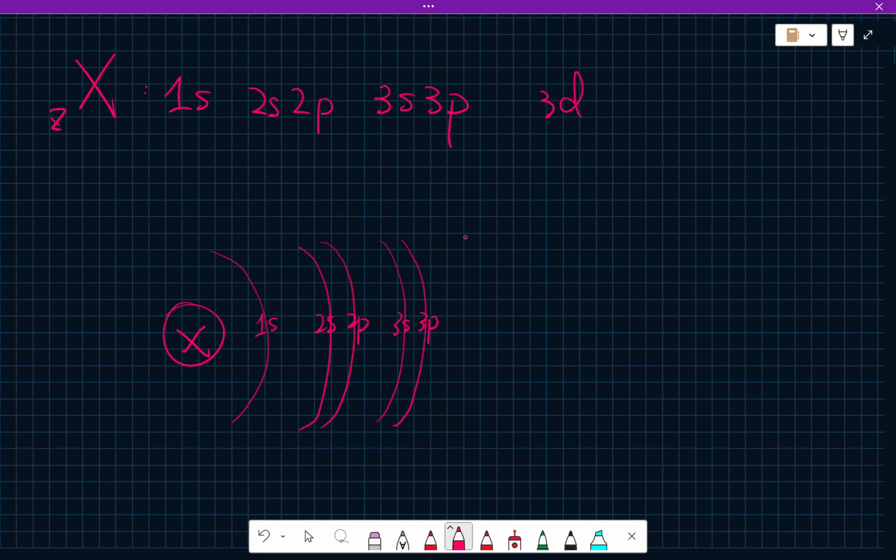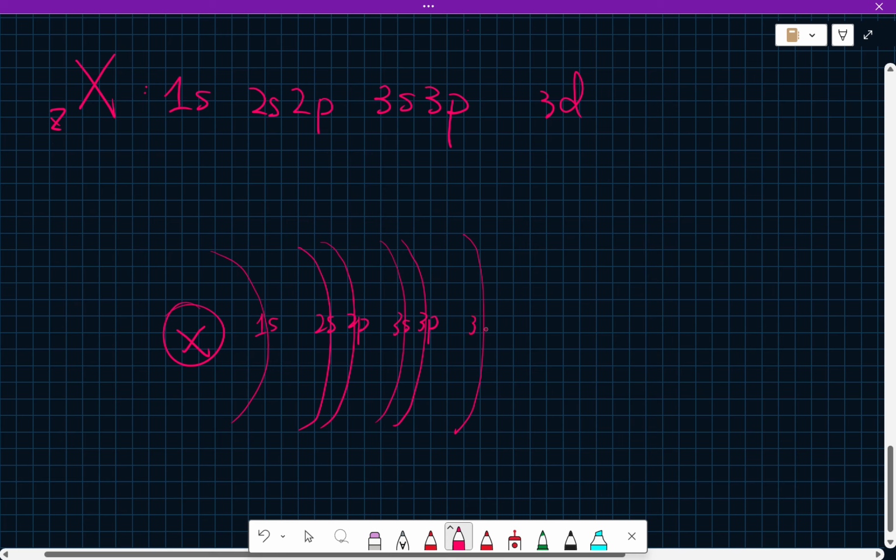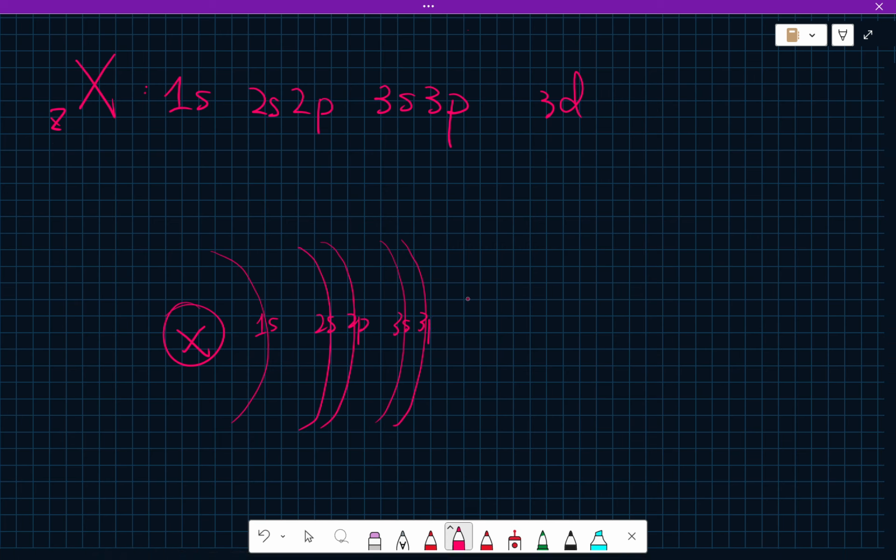And now, we should have our 3d here, fairly close to 3p.